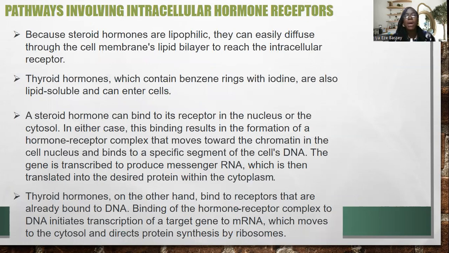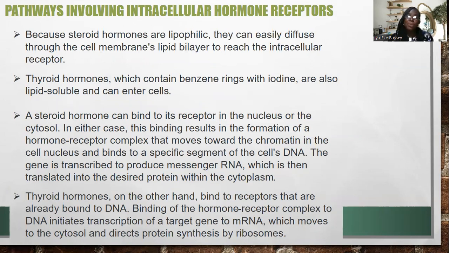So, what are the pathways involving intracellular receptors? The different receptors have different mechanisms of action. So, we would look first of all at the pathways that involve intracellular hormone receptors.